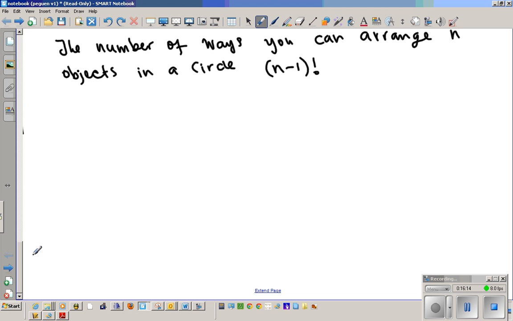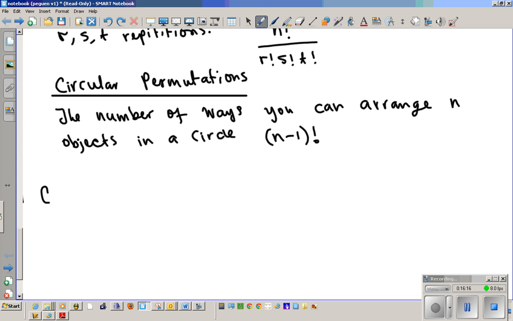Now let's define combination and then take a look at some examples. So combination, what on earth is a combination?